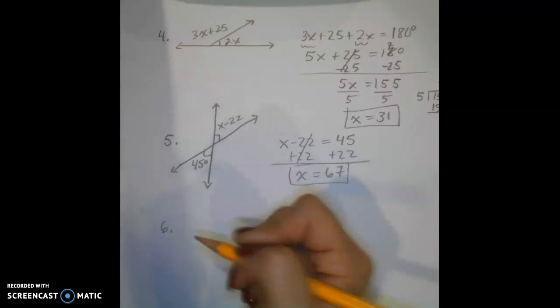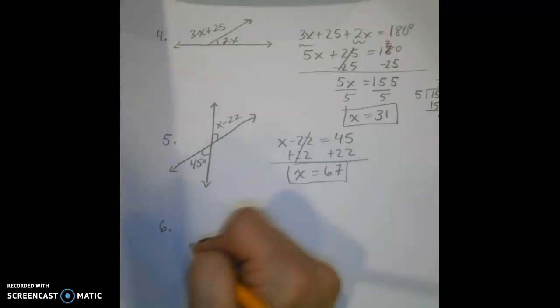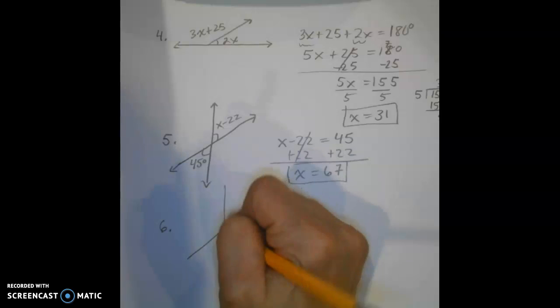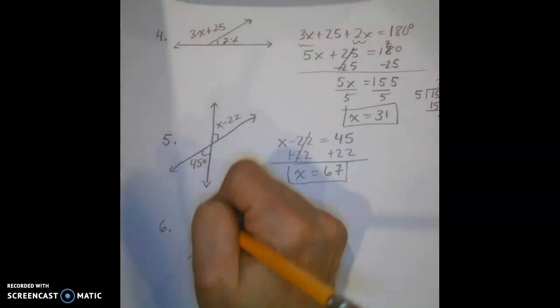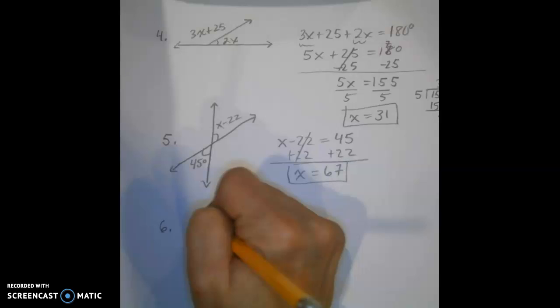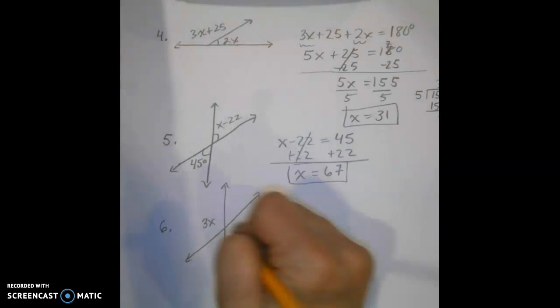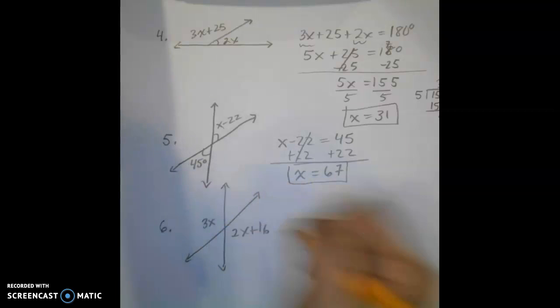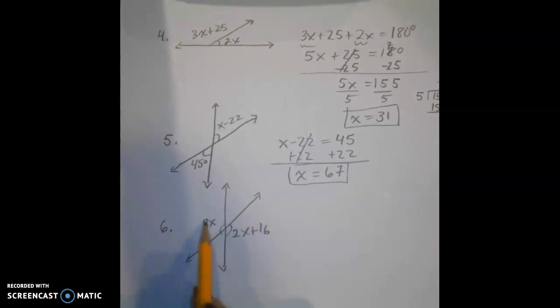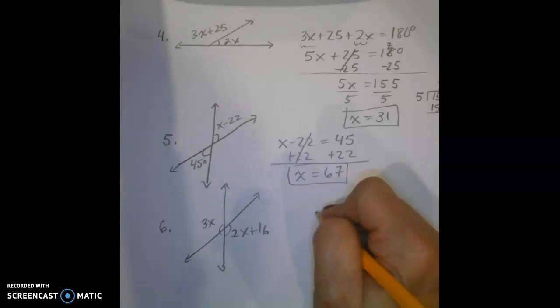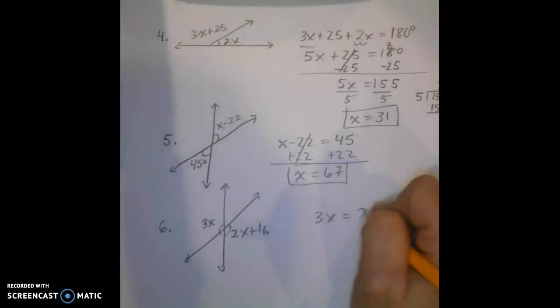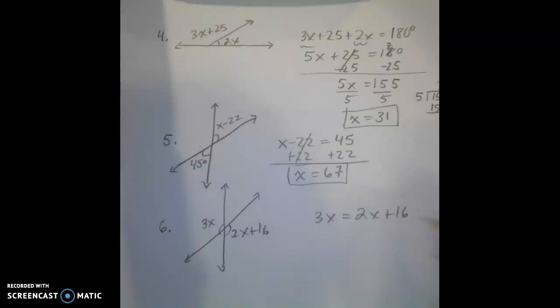One last example with vertical angles. Vertical angles are equal to each other, so I'm going to say 3x equals 2x plus 16.